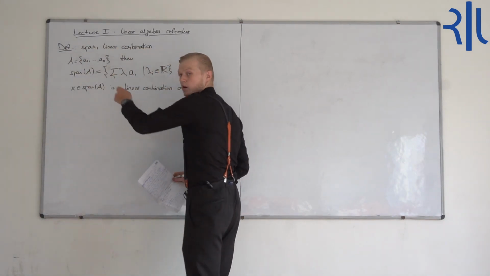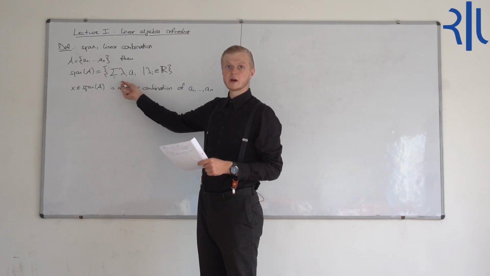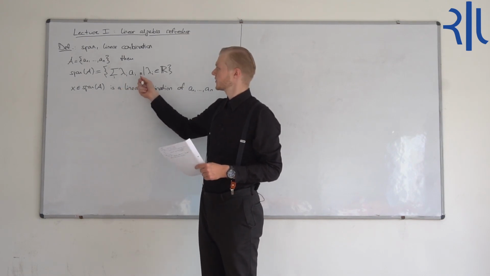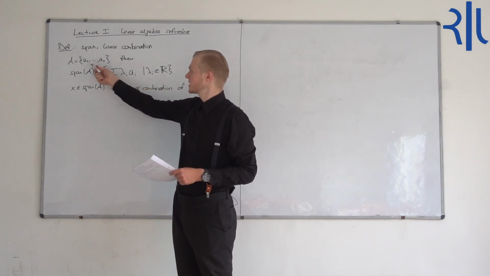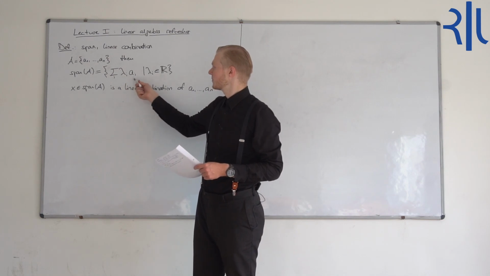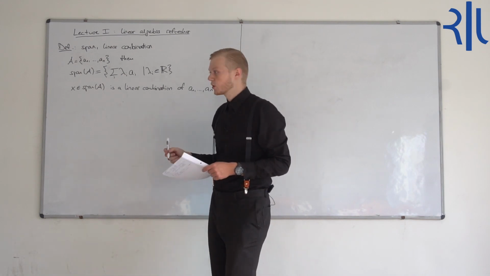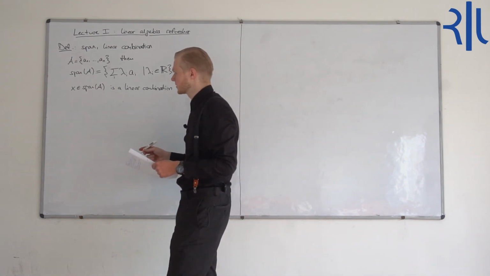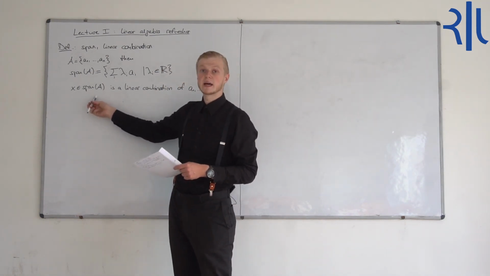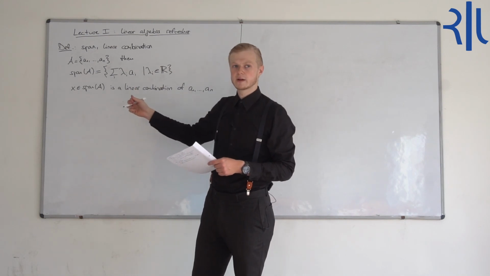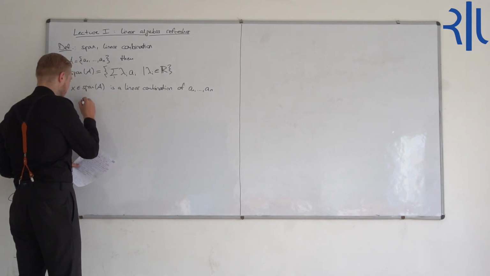And the span of a set of vectors is simply every possible weighted sum of the vectors in that set. So you can pick some real number for every vector, for every element in A, and you can multiply every vector then with its corresponding real number, and you add it up. So what are some examples of that? And just to say that any element in the span of A is a linear combination of the vectors in A, or is called a linear combination in A.